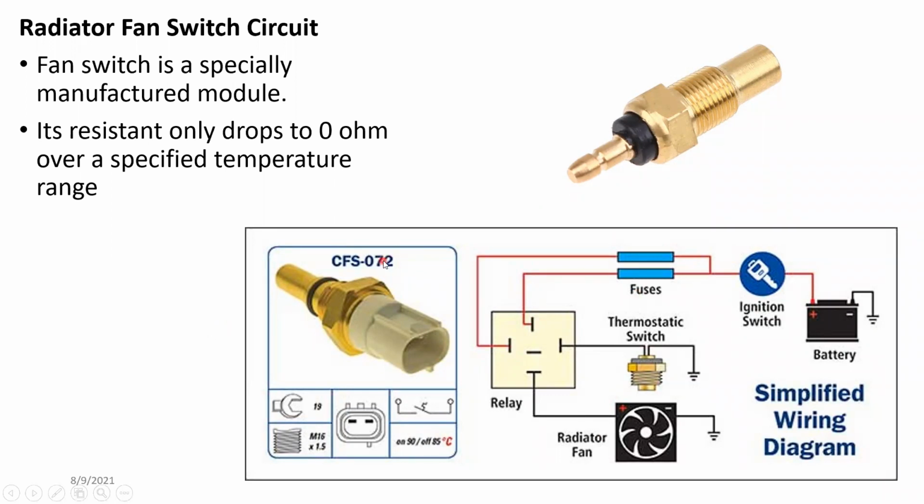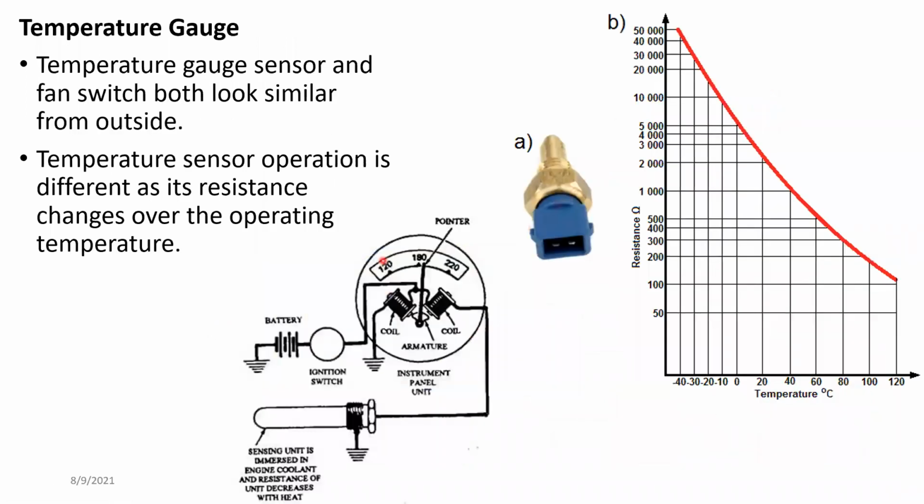So it's a very simple circuit. But if you go to the temperature gauge sensor, it's somewhat different. Based on the temperature, as shown here, the resistance of this particular sensor module is changing. It's not only changing at a particular temperature, it's actually gradually changing, similar to a graph like this.